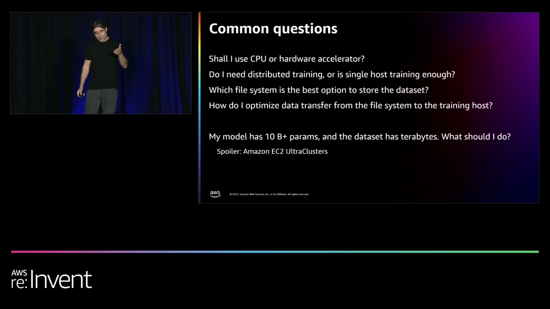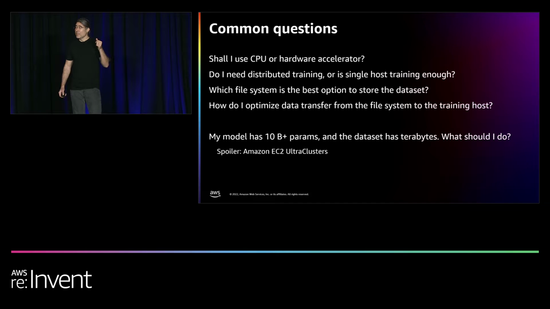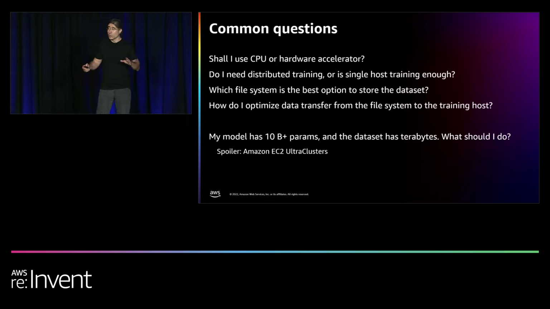And one last thing, related to the third scenario, the huge models, when we talk about billions of parameters, there's a spoiler there. The spoiler is, when you have a situation like this, you need a supercomputer. And the direct answer is the Amazon EC2 UltraCluster.